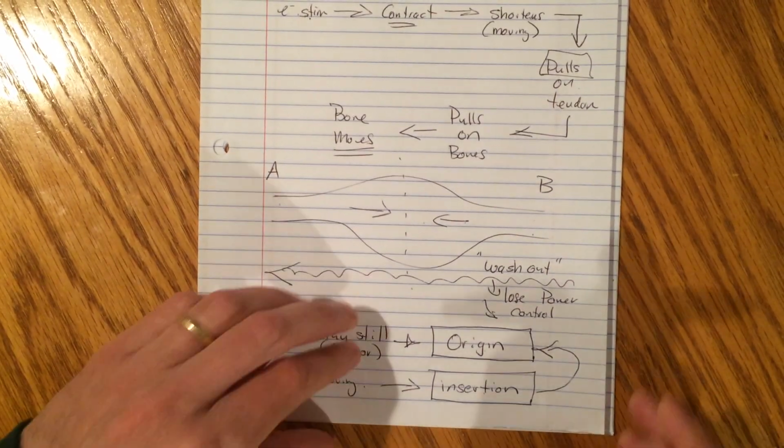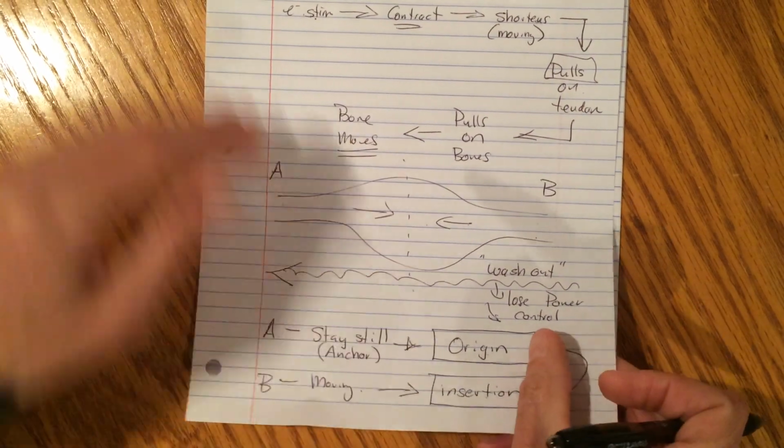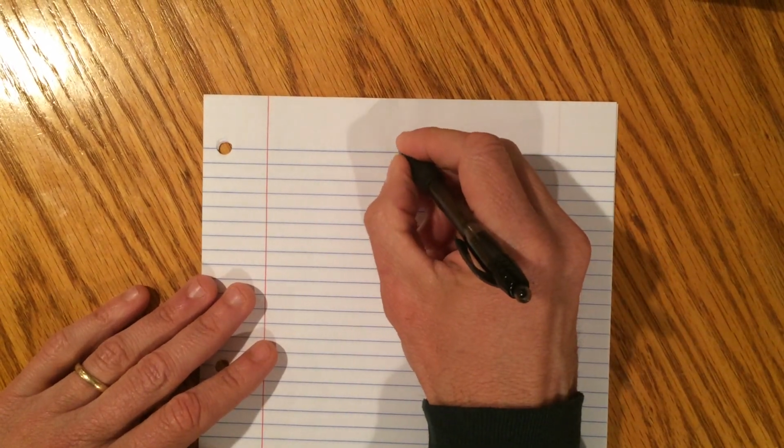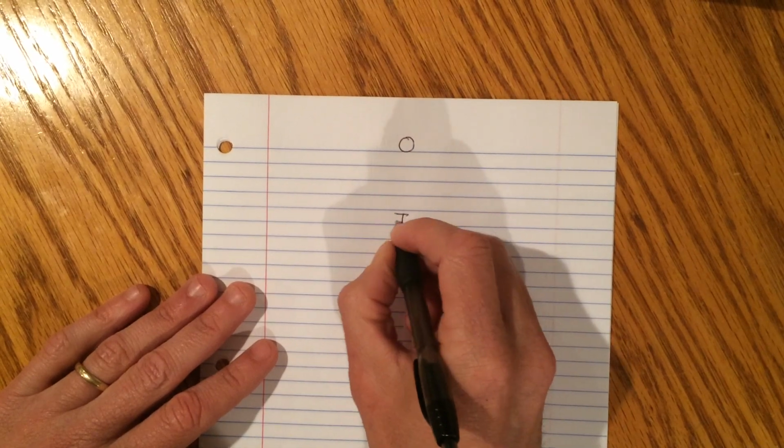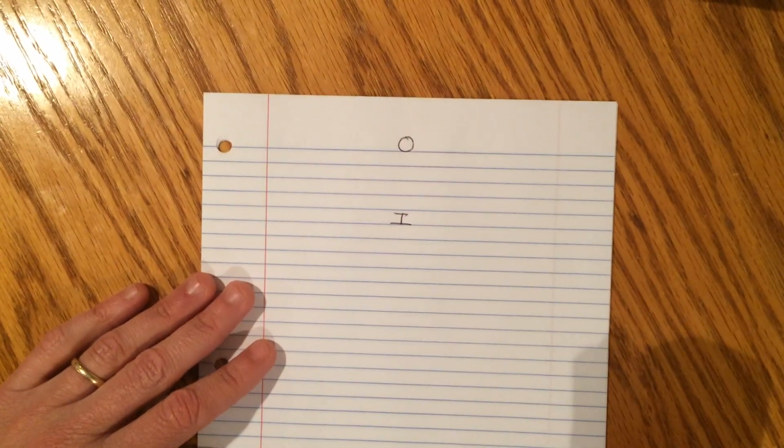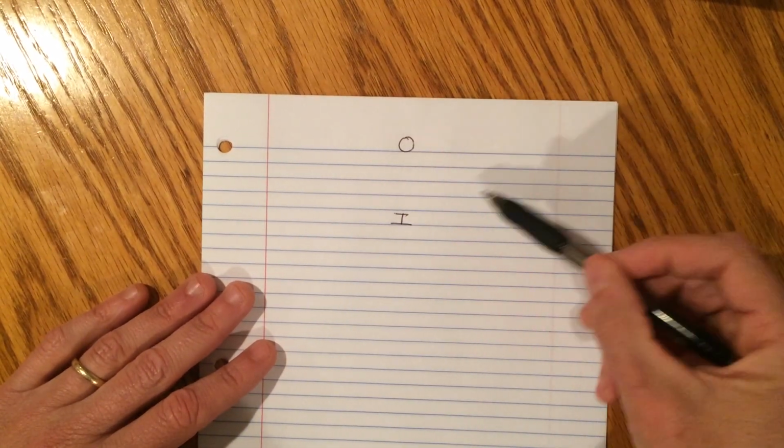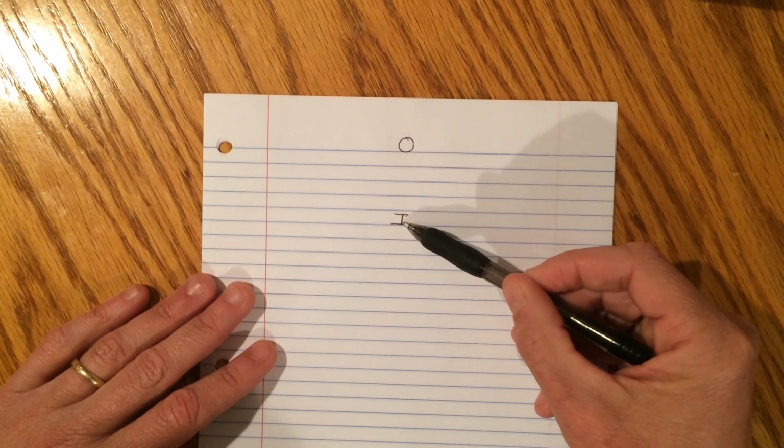That's it. Okay? So let me give you one little example. Let me pull this back down. Let's say that the origin is there and the insertion of any muscle is here. So you can see the origin is above the insertion.